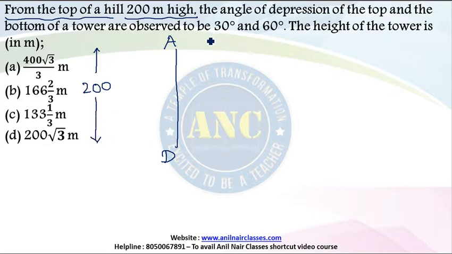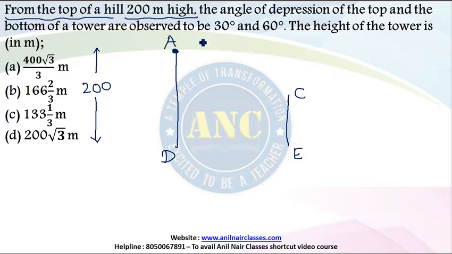Now, from the top of the hill 200 meter high, top of the hill is A. This is the top of the hill. The angle of depression of the top and bottom of a tower are observed to be 30 degree and 60 degree. There is a tower. This is the tower. I will call this tower as CE.